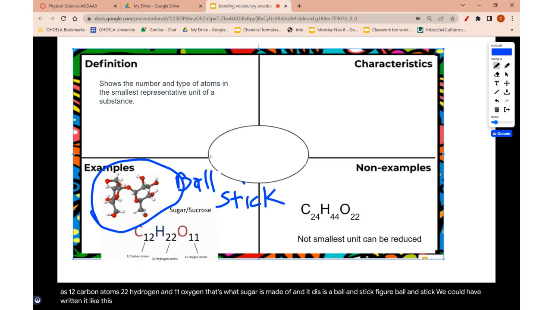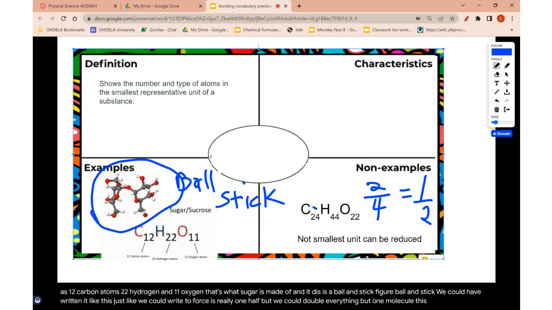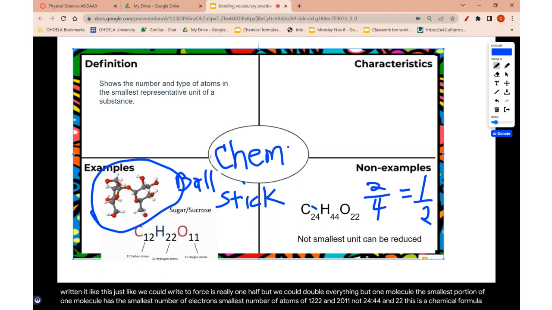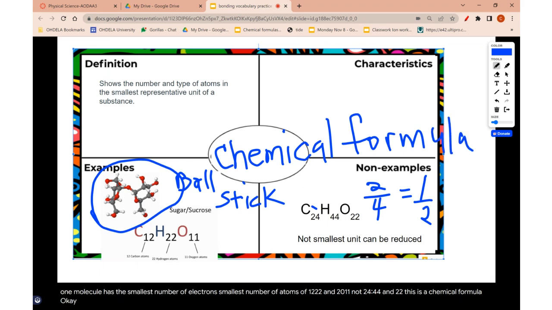And we could have written it like this, just like we could write 2/4 is really 1/2, but we could double everything. But one molecule has the smallest number of atoms. So 12, 22, and 11, not 24, 44, and 22. This is a chemical formula.